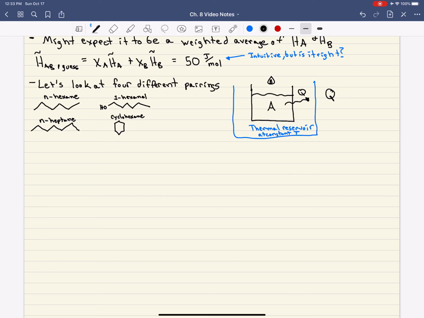In any case, the heat that's released from the resulting mixture would basically be something like this. Here. Okay? Alright, and so if you can measure the heat and you know what this value is, then you could figure out what that HAB of the mixture is. Okay? Alright, and so that's the basic premise of this experiment.